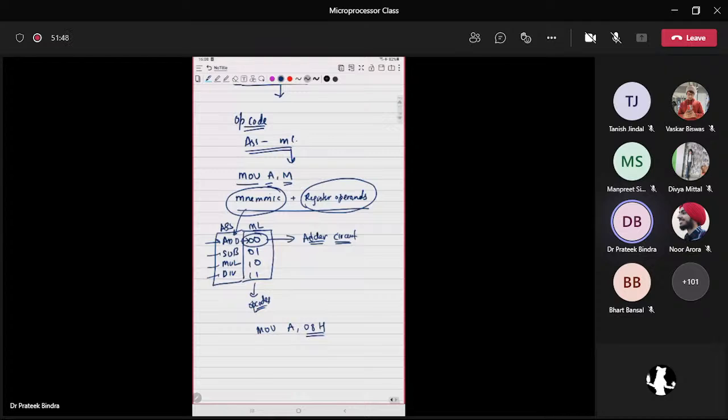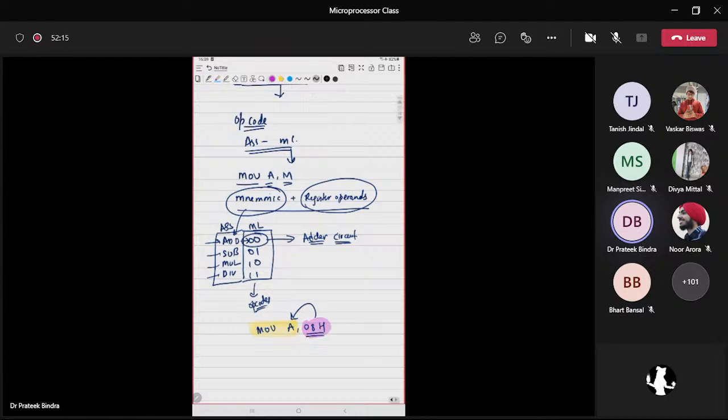In this instruction, you are trying to say you want to move the data 08 into the accumulator. For that, you can't have one unique opcode. You can have a unique opcode up to move A. Move has some meaning to the microprocessor, and A you can give some value to the microprocessor, but this 08 is completely user specific.